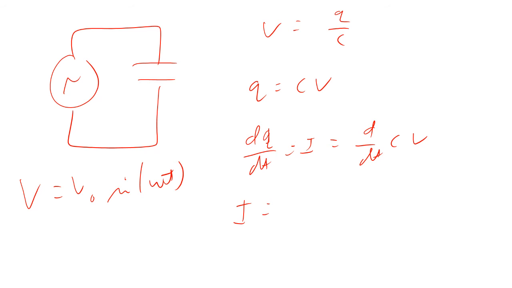So I is going to be the derivative of C V naught sine omega t. Okay, what does that give us? That gives us that I is going to be equal to omega C V naught cosine omega t.